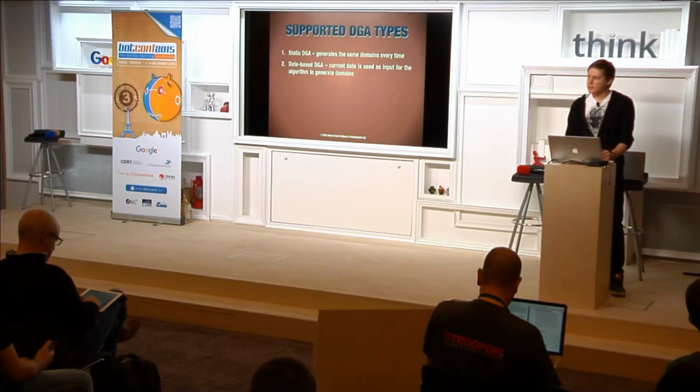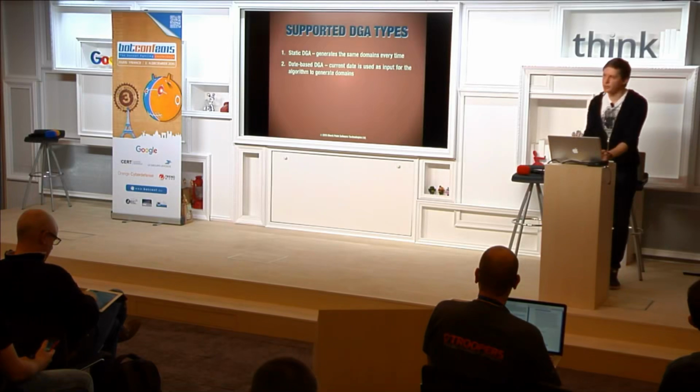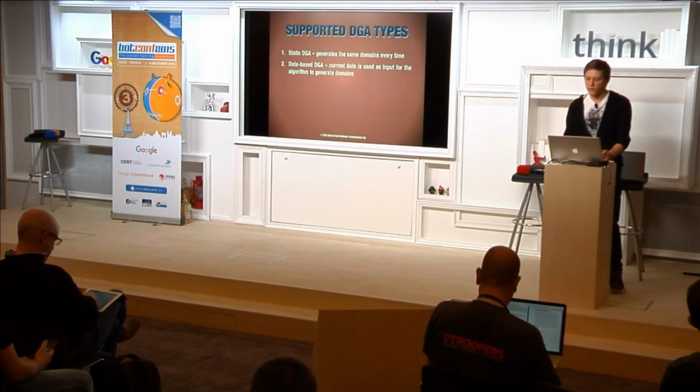The second type of DGA is date-based DGA. The current date is used as input for the algorithm to generate domains. We can reverse engineer this executable once, re-implement the algorithm, and pre-generate all future domains.